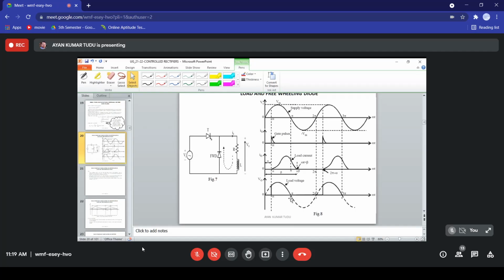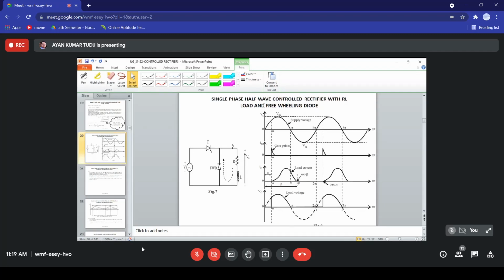At the same time, the average output voltage is the same as that of a purely resistive load, because in the purely resistive load also we are getting this waveform only.